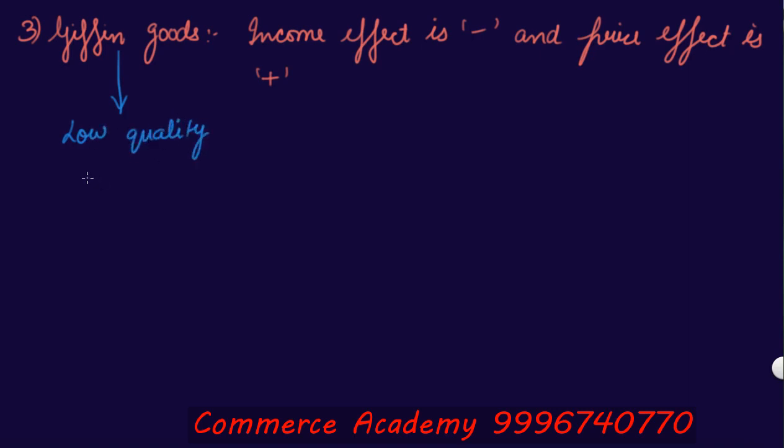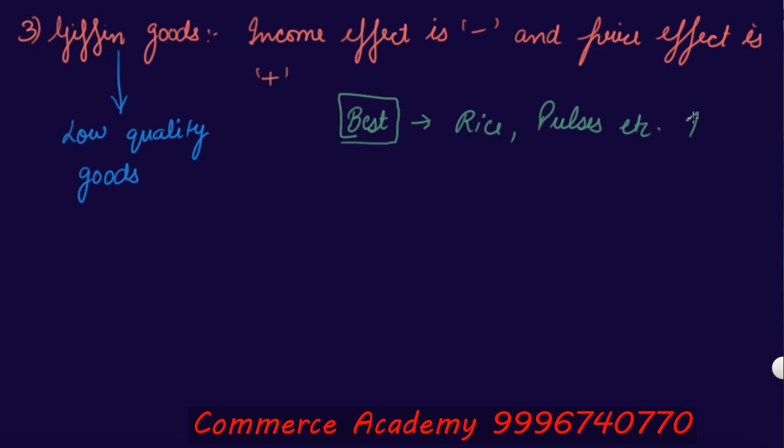You must all have heard the brand name Best, right? They give you rice, pulses, etc. The price of Best brand rice and pulses is more than what you get at the general stores.